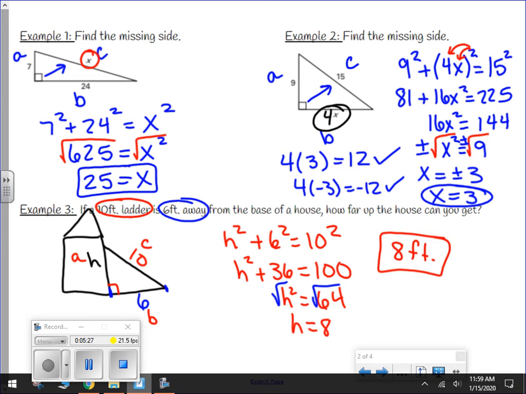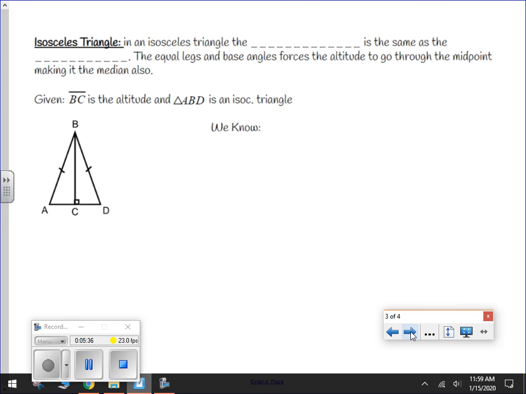So now let's talk about Pythagorean theorem and certain properties with triangles. So in an isosceles triangle, the altitude is the same as the median.